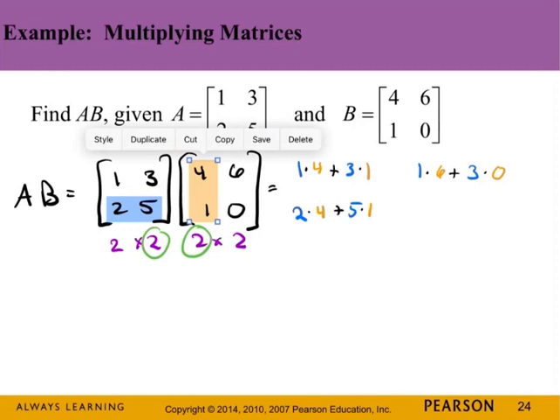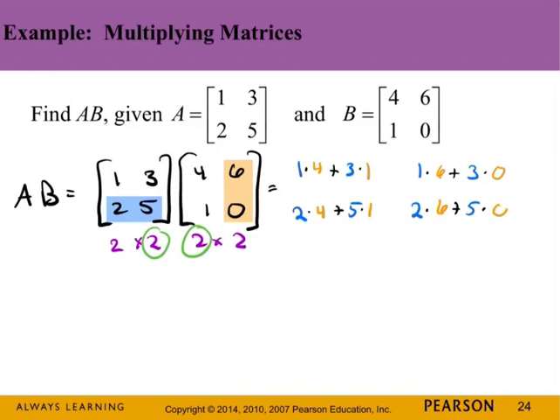And then the last one, row times the column, 2 times 6 plus 5 times 0. 5 times 0. Okay. All right, let's crunch these numbers.